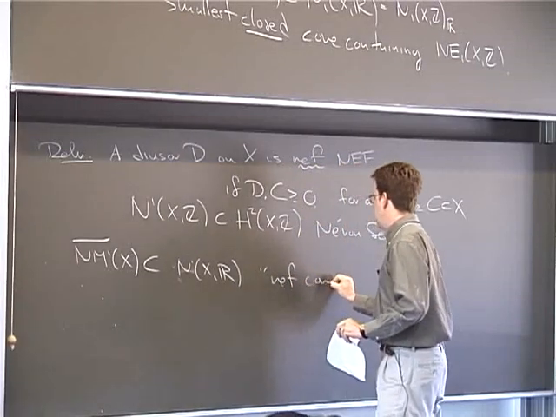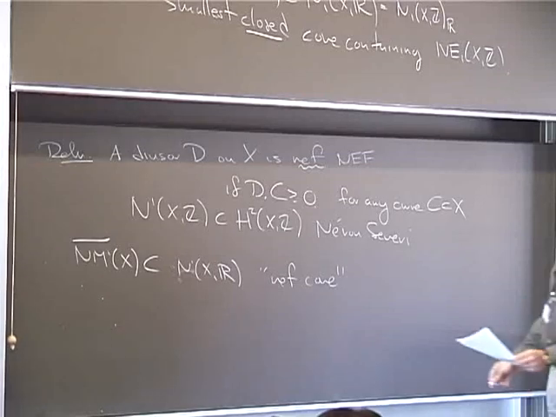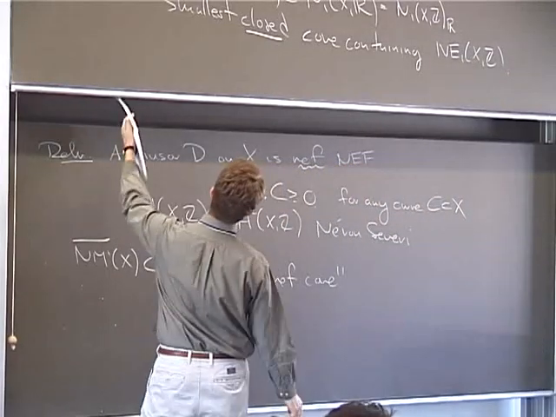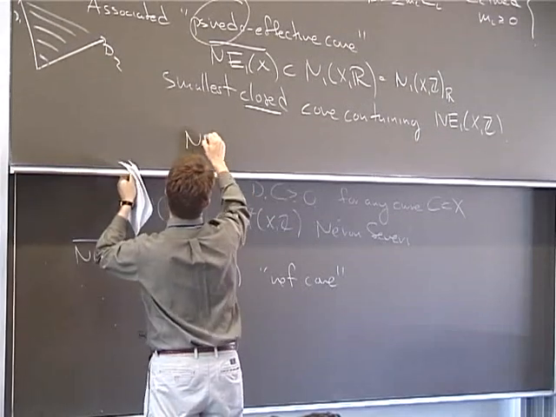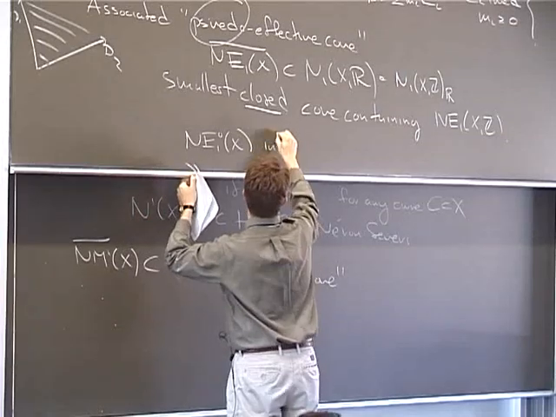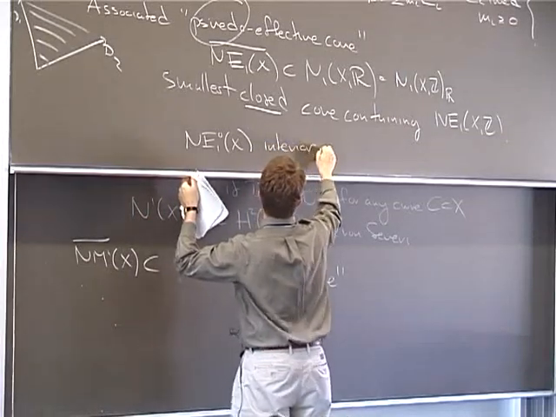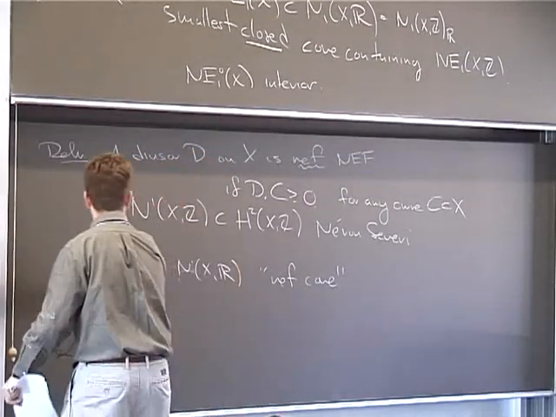This is just the smallest closed cone containing all the NEF divisors. And I should also introduce notation for the interior of the cone.